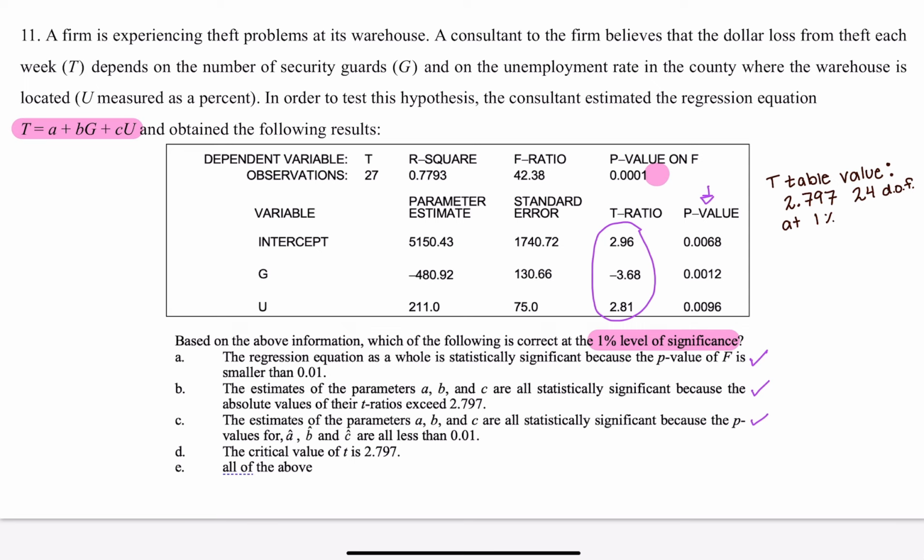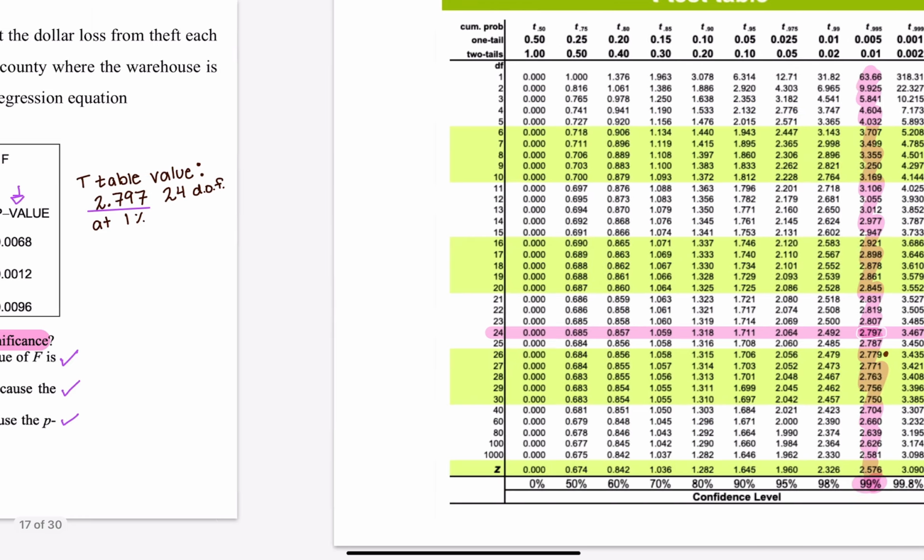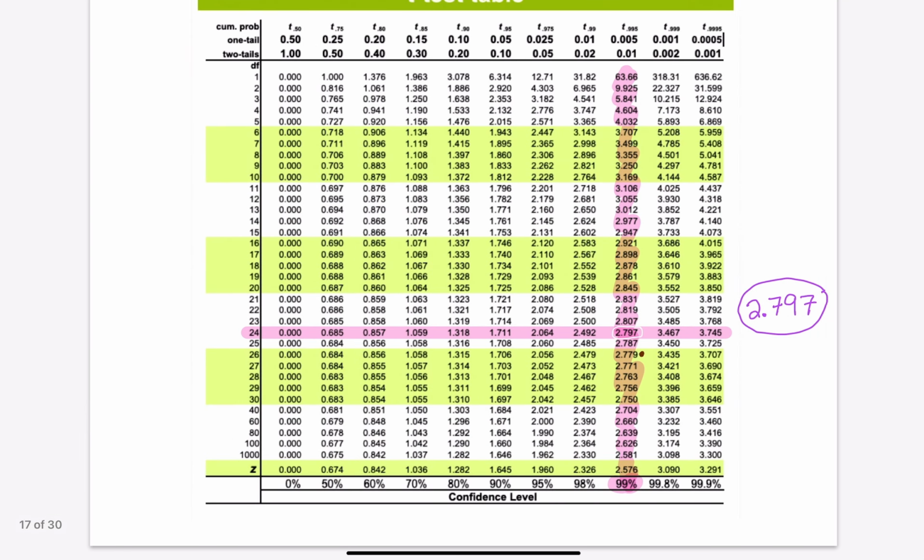They are all smaller than 0.01. The critical value of t is 2.797. That is also true. You can look at the table. So our answer choice is E, all of the above. And then I went ahead and included the table just so you could see it. If you need to see it, it's also in the posted slides.